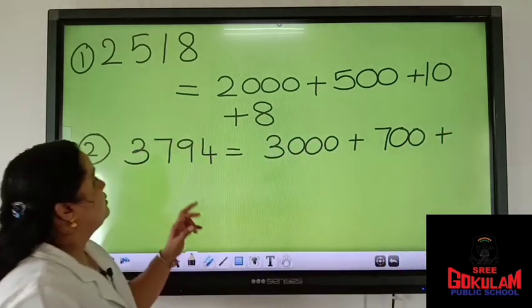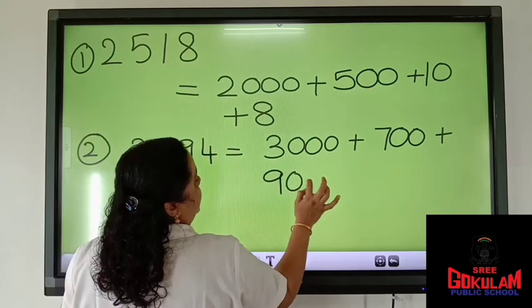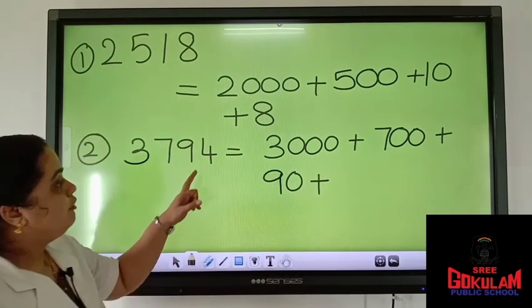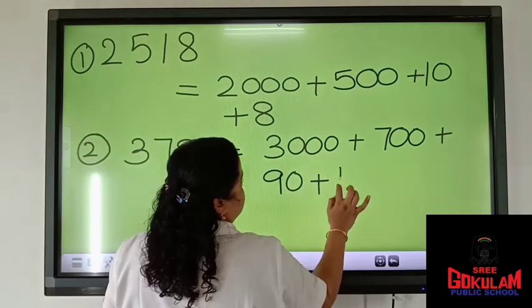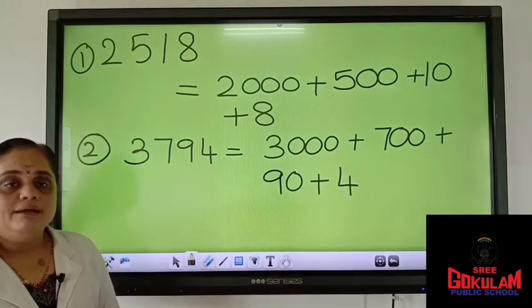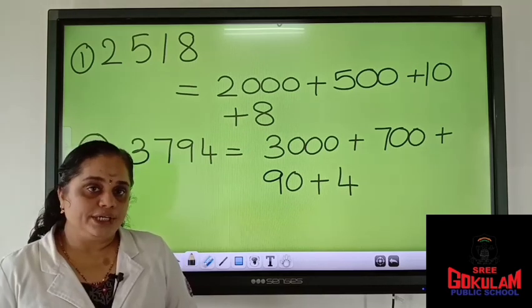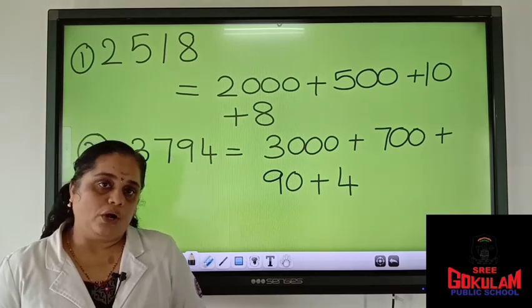Then you have 9 in its tens place. 90 plus you have 4 in its ones place. Is it clear, children? So this will be the number represented in the expanded form. Is that clear, children? I hope it is clear to all of you.